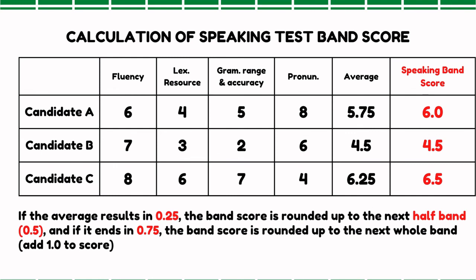So that explains why candidate A, although having 5.75 as the average, was given a score of 6.0. This is the same principle that is used for candidates B and C. For candidate C, the average is 6.25, but the score is 6.5 because 0.25 was rounded to the next half band, which is 0.5.